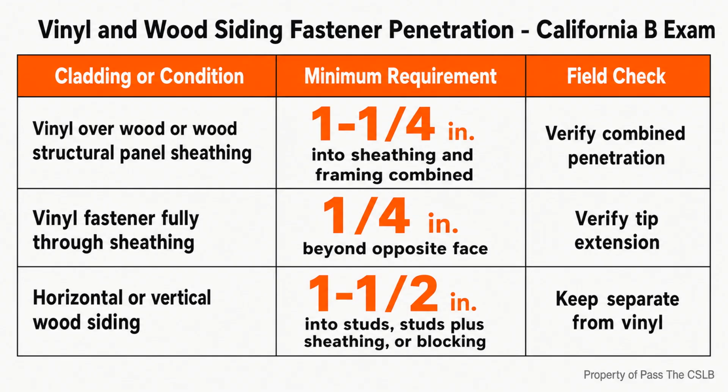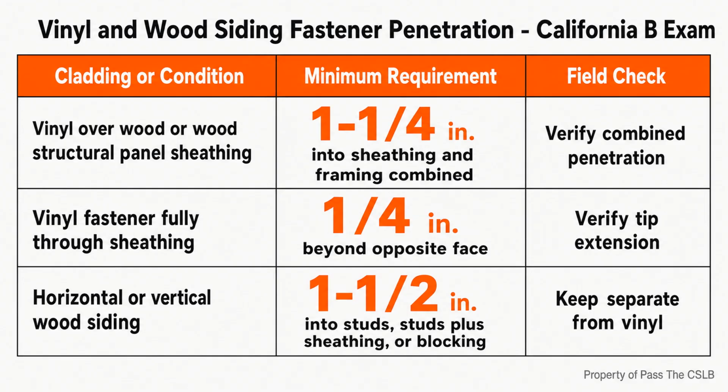I picture vinyl siding as a long curtain hanging from a track rather than a rigid board glued to the wall. The fasteners provide support, but the elongated attachment slots allow controlled lateral movement when the product is installed according to its instructions. The point of that picture is not to create a new rule. It is to remember why a vinyl panel should not be mechanically trapped.